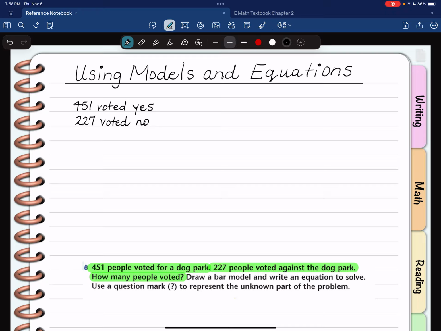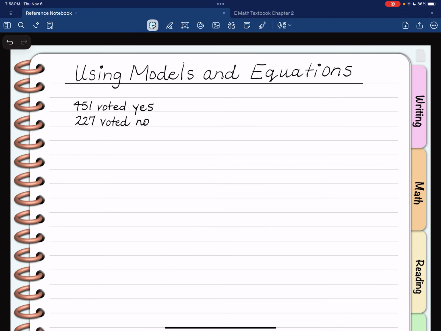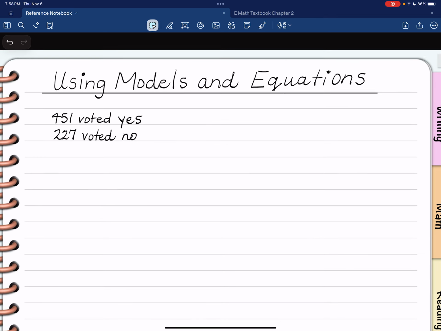But they tell me to draw a bar model and write an equation and to use a question mark to represent the unknown part of the problem. So here's how I'm going to draw it. I will tell you that mine will not look just like theirs, but mine's easier to draw.